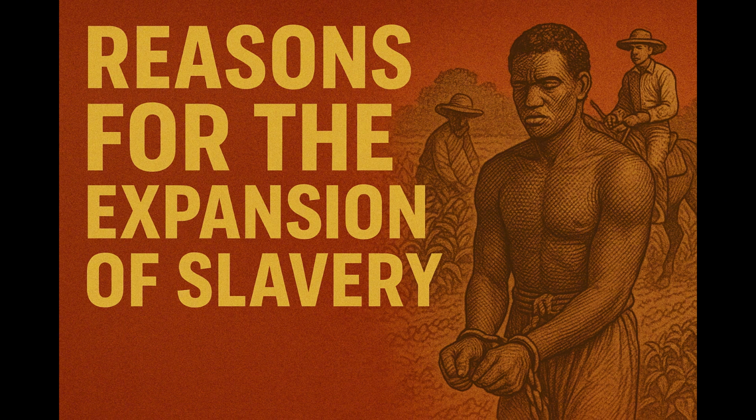Cotton agriculture and other plantation crops like sugar and tobacco depended heavily on slave labor. Southern elites believed expanding slavery would allow them to extend their agricultural empire, particularly into fertile Western lands. New territories meant more land, more slaves, and more profit, especially as soil in the older Southern states became exhausted.